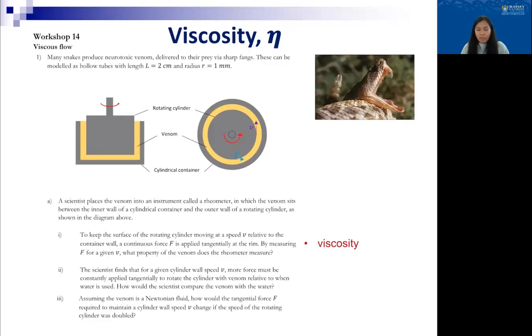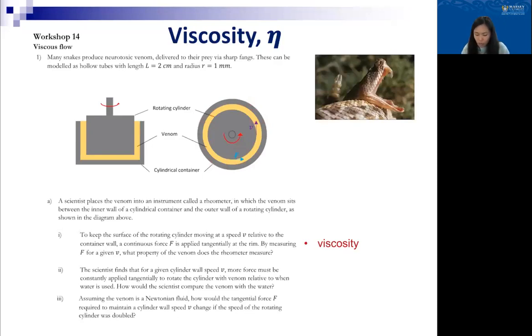So even if the area and the length are not given, the fact that how fast the venom flows as you rotate the rheometer depends on force means that the rheometer should measure the viscosity.